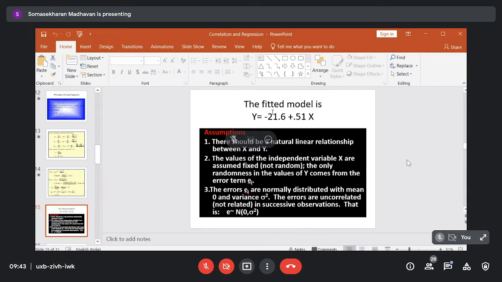Okay. So this is the logic of constructing a linear model. In statistics, at the maximum, we try to construct the model as a linear model.